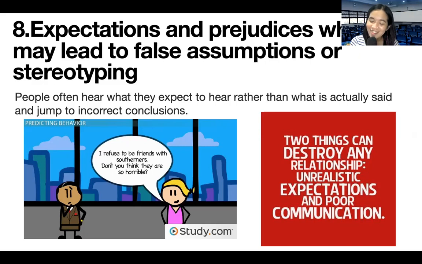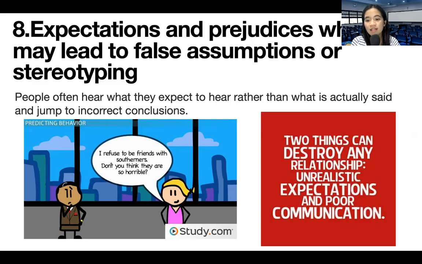So if you stereotype, if you put prejudice, it's actually a downfall on your part because in the first place you didn't give a chance to that person to communicate with you, so it would be your loss, right? So we don't do that in communication. We don't judge, we don't stereotype, okay? So we also don't expect.